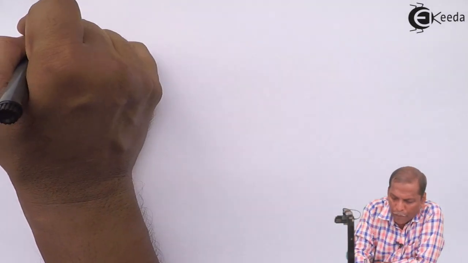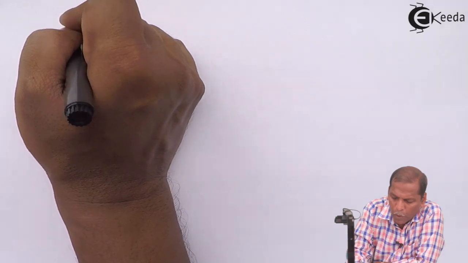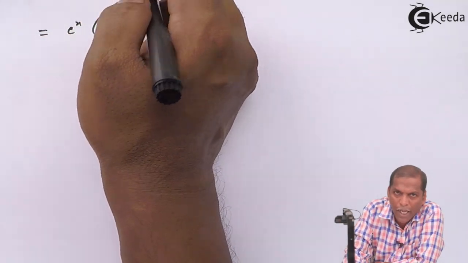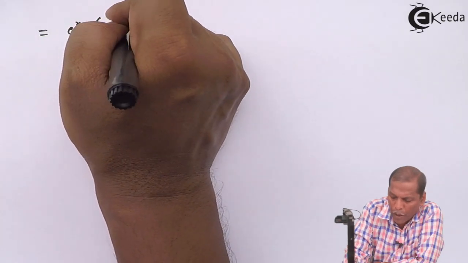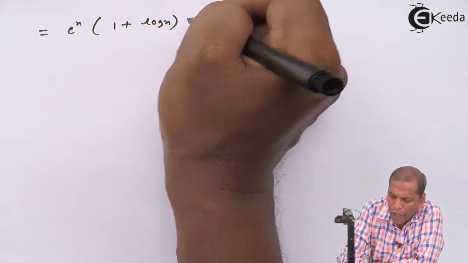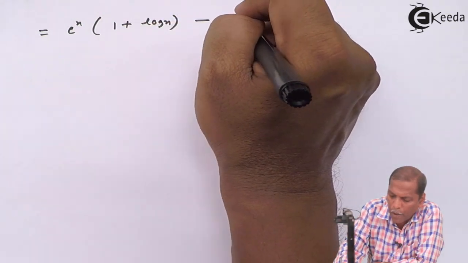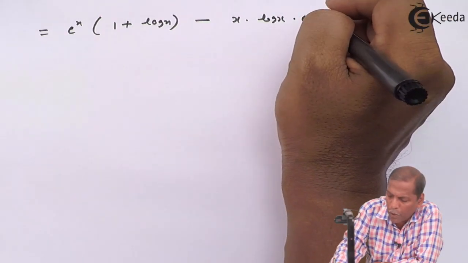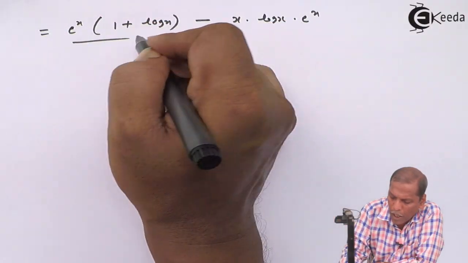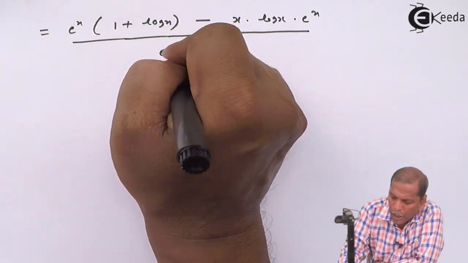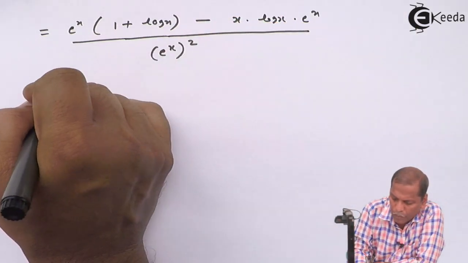So the next step will be is equal to e raised x in bracket. Now x cancel from numerator denominator, so we left with 1 plus log x bracket complete, and then minus x into log x into e raised x, and then whole thing divided by e raised x bracket square.